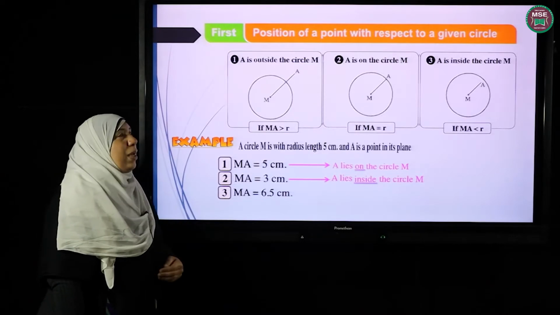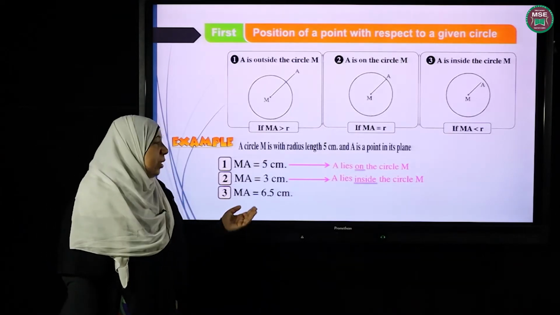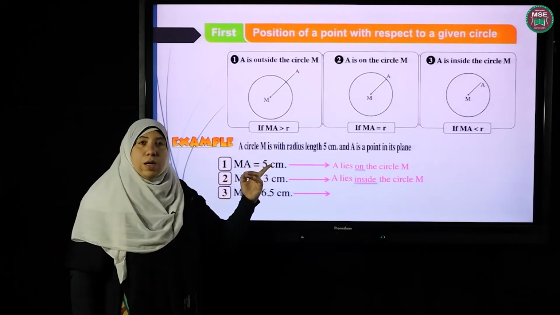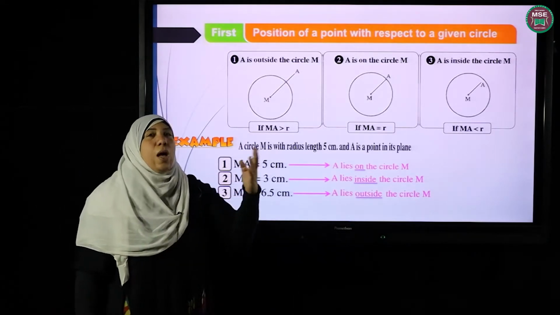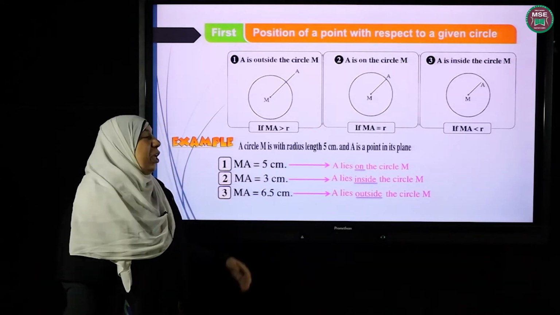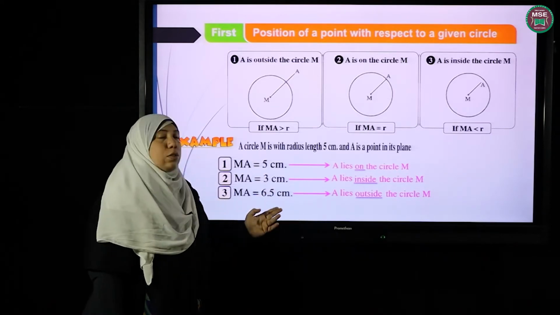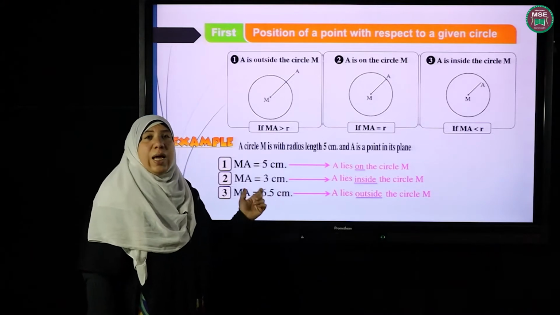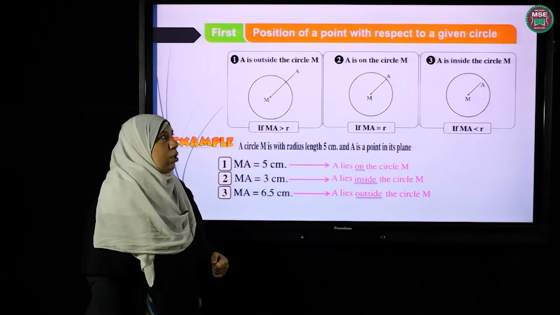Number 3, MA is equal to 6.5 centimeters. 6.5 is greater than 5, the radius length, so this point is outside the circle. So we can define the position of the point according to the circle from the radius length and the distance from the center to this point.